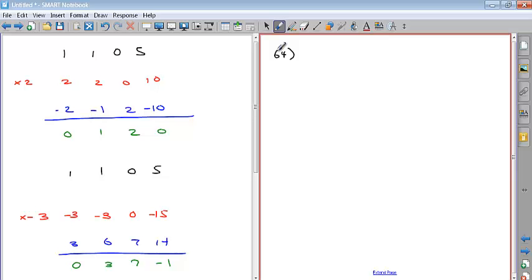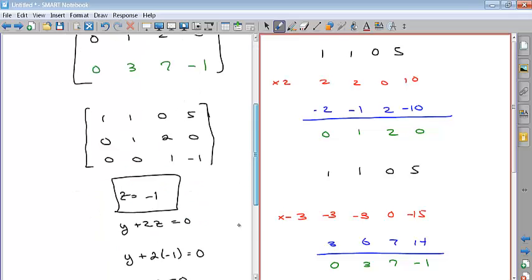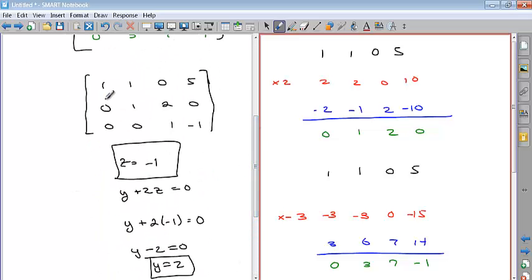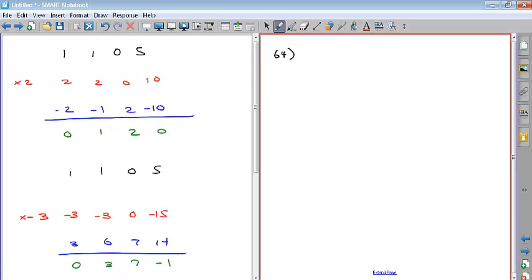The Gauss-Jordan elimination is where your final matrix has ones on the diagonal, zeros here, and you get zeros back up here. So I'm going to use that in 64 because we haven't covered it.